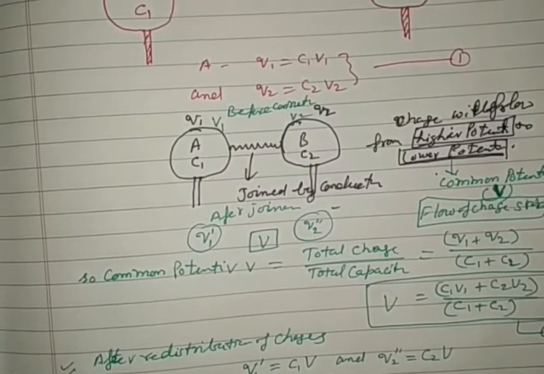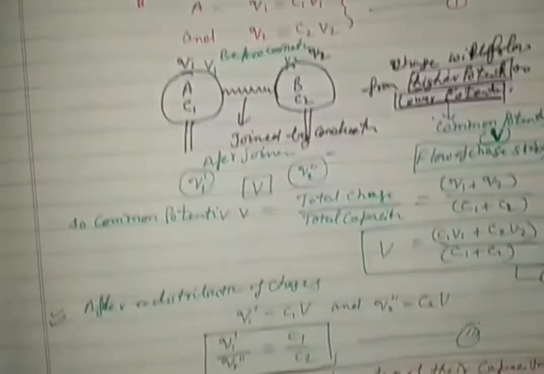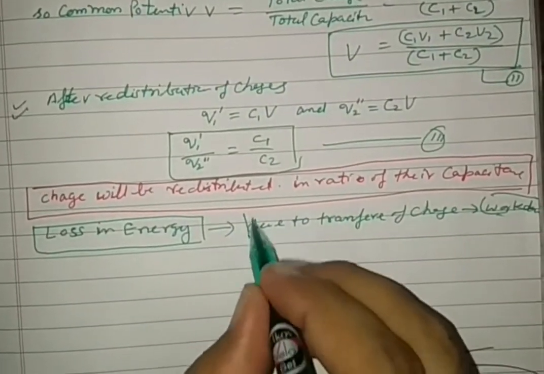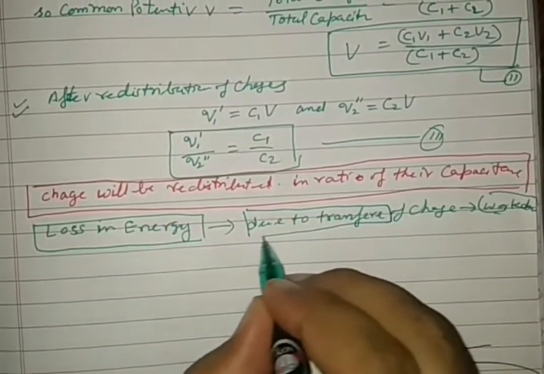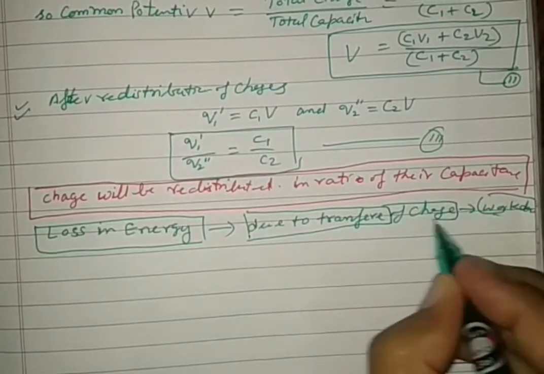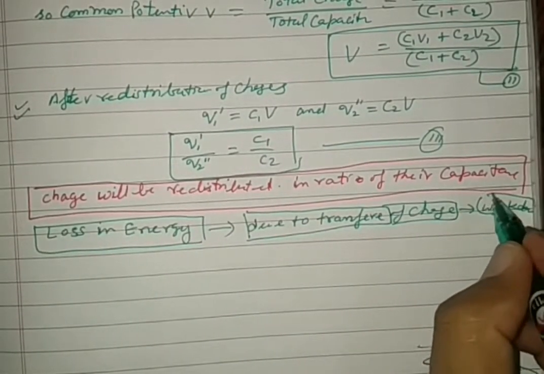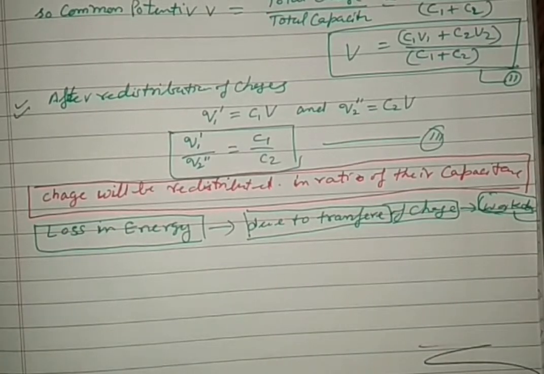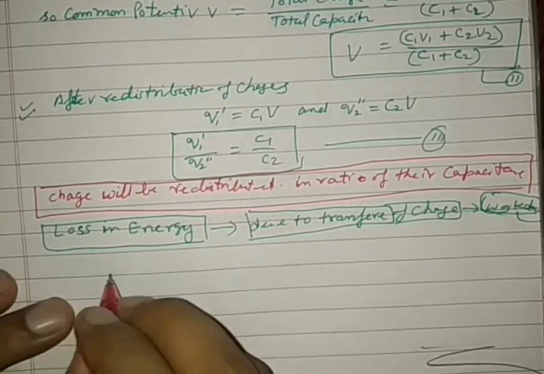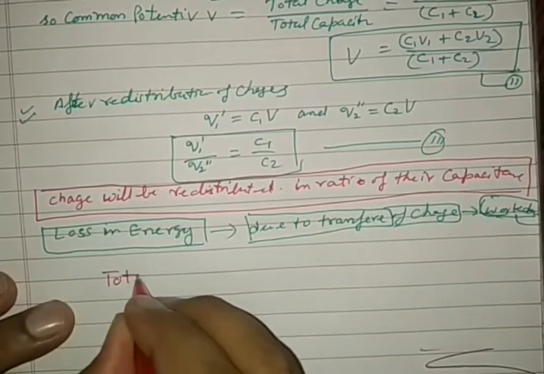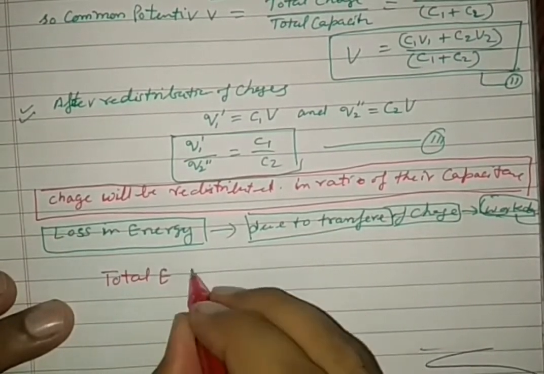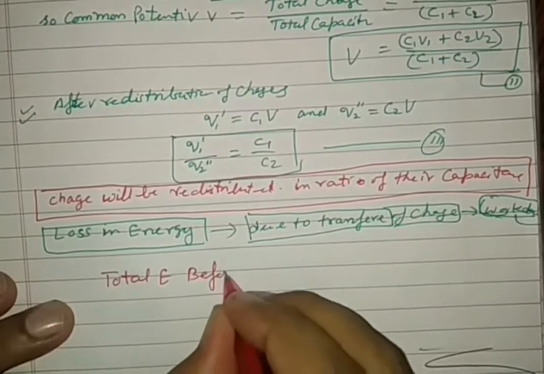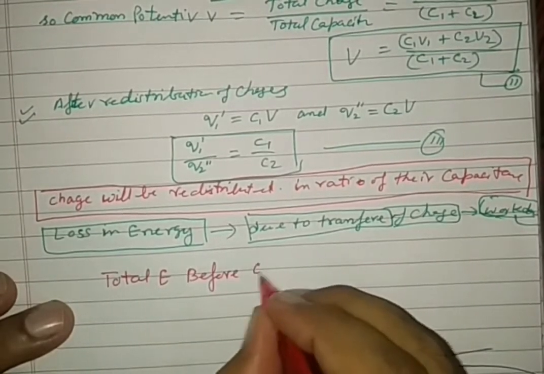In this whole phenomenon, there is a loss in energy. Why? Because of the transfer of charges, work is done, and due to this work there is a loss in energy. So, for calculation of loss in energy, we want to see the total energy before connecting.